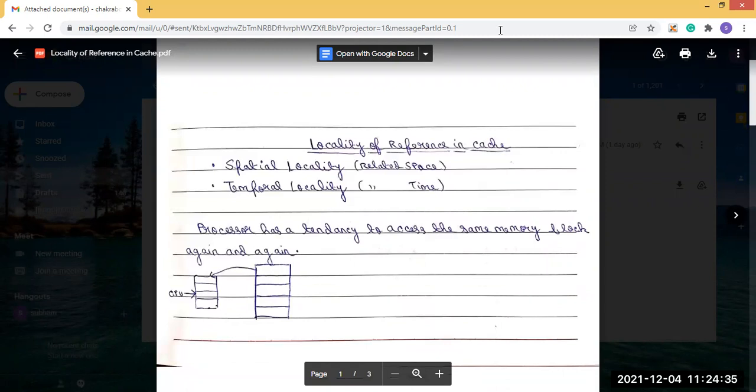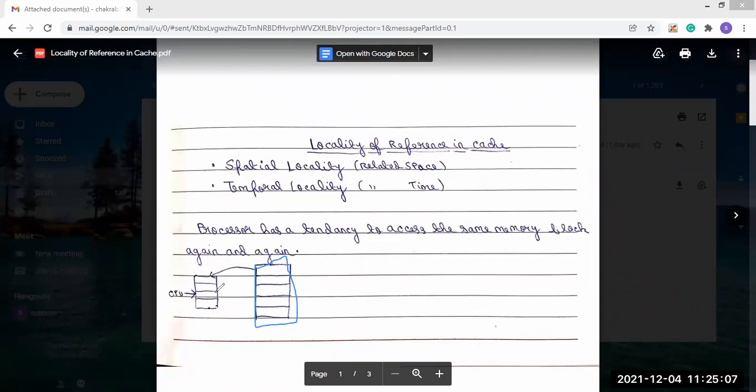Now we have seen that there is a main memory present. We have divided this main memory into blocks, and each block in the main memory will be moved to the cache memory. Inside this cache there are lines.